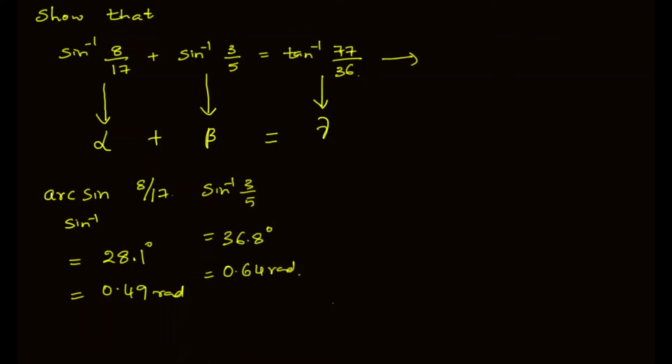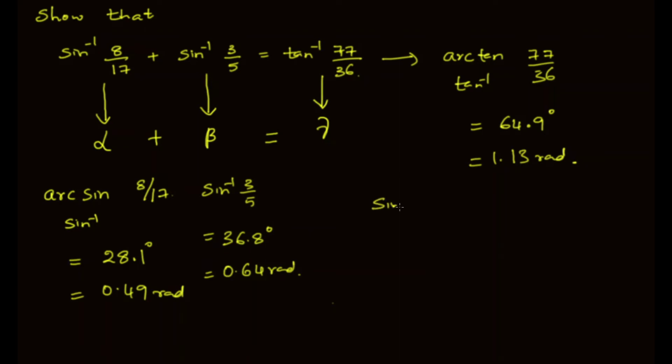Go to tan inverse, so it is arc tan. On the calculator, if you plug in 77 by 36 or the equivalent in decimals, you end up getting 64.9 degrees, or in radians 1.13 radians. Let's try to correlate and understand this.